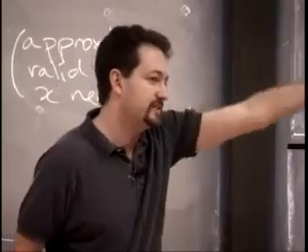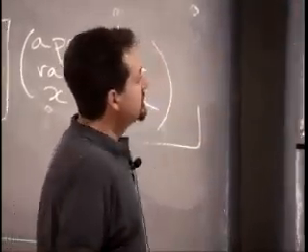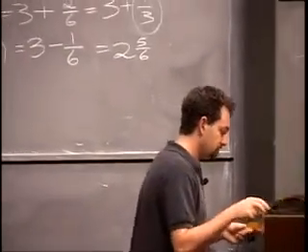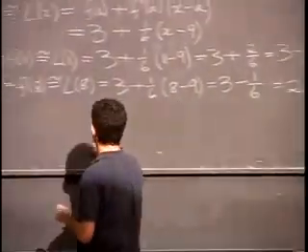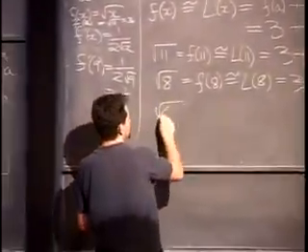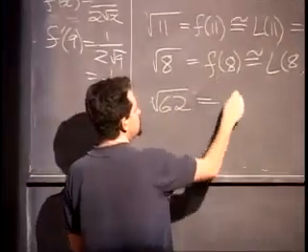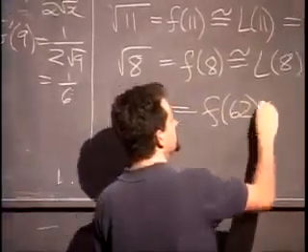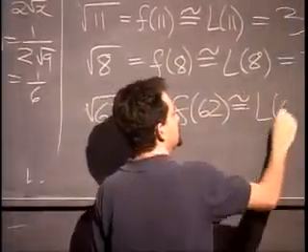So the curve looks like this. What if you did something sort of silly? Like, what's the silly example? Root 62. Well, suppose you try to use this. You get f of 62. That's the square root of 62.